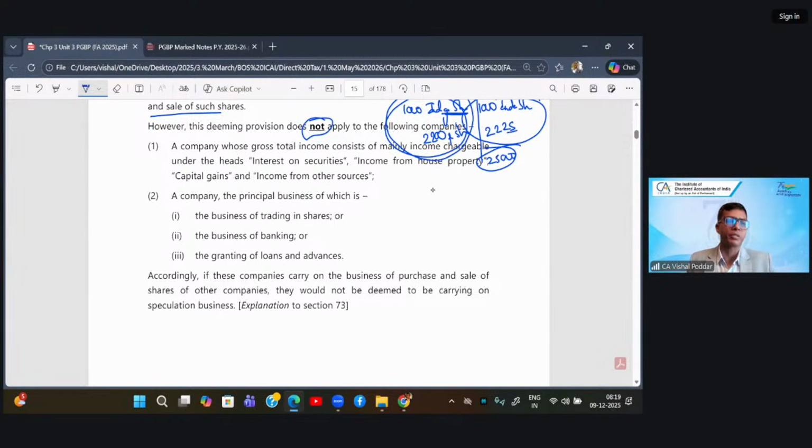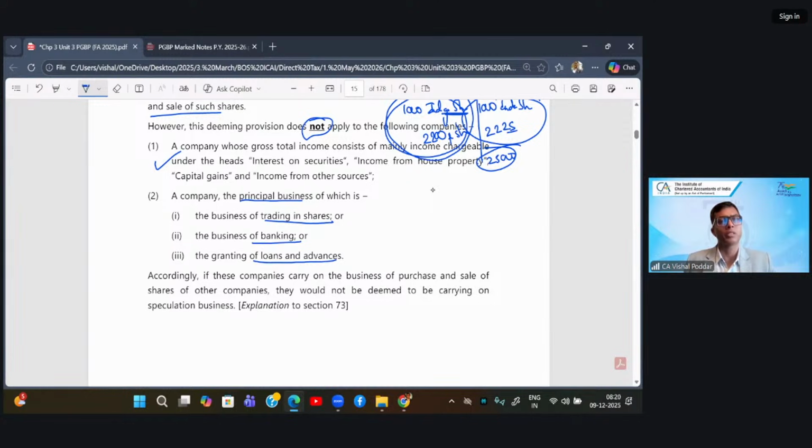Because they are investment companies, or their principal business is trading in shares, or they are banking companies, or they are in the business of granting loans, because for them there is a compulsion to keep some amount invested in certain securities. So for these companies, if they are buying and selling shares, that is not treated as speculation, that will be part of regular business.